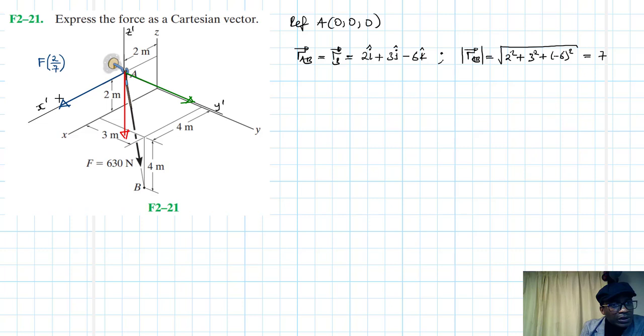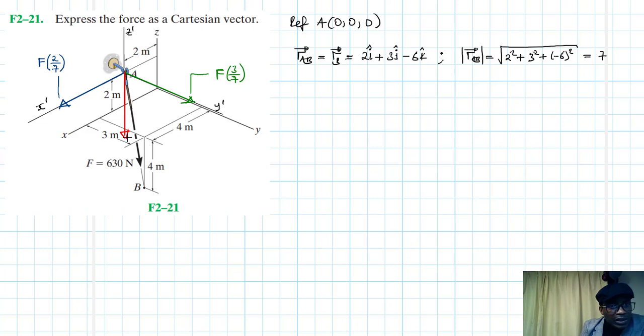Alright, so this is this one, and then this one here is just equal to F. What's the coordinate or the run along the y-axis? It is a 3, so this is just 3 divided by 7. You can think of these as unit vectors. These are all unit vectors.